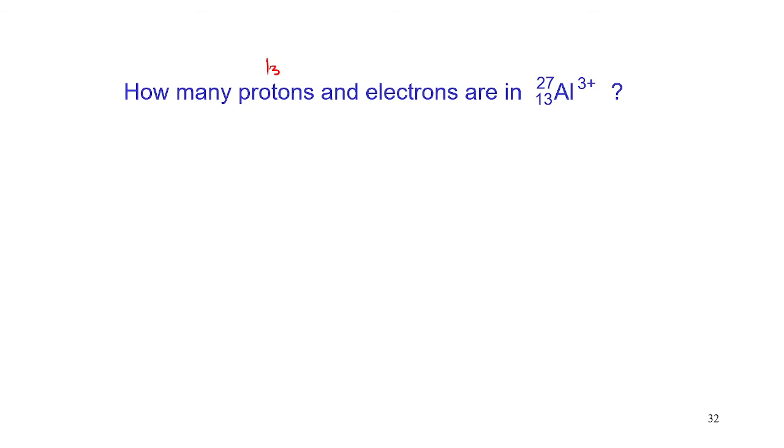Okay. So, we have here 3 plus, meaning this ion lose 3 electrons, meaning we have here 13 minus 3. So, that we have here 10. So, for aluminum 3 plus, we have here 13 protons and 10 electrons.